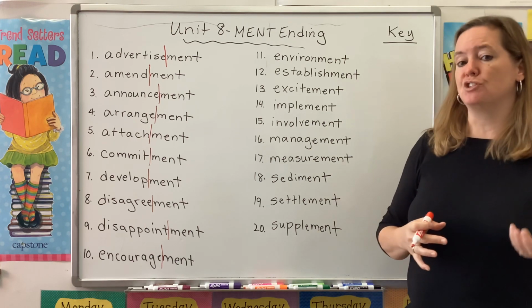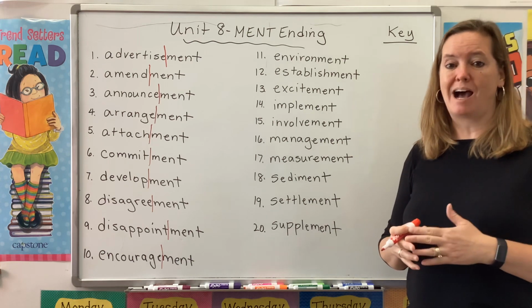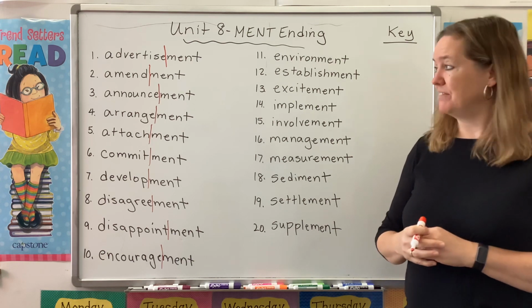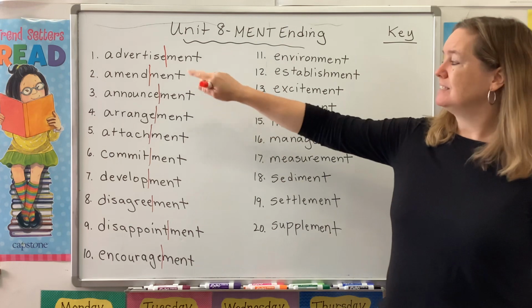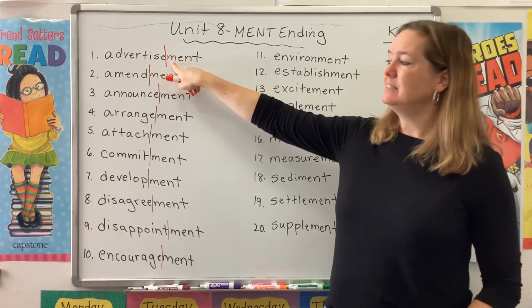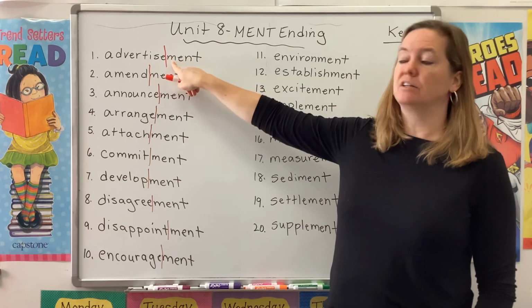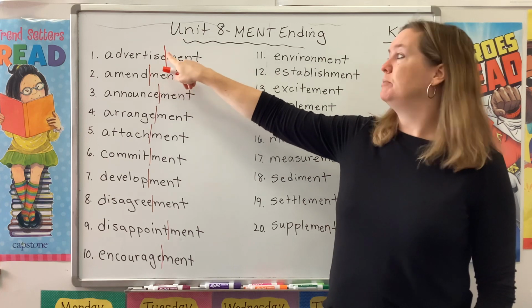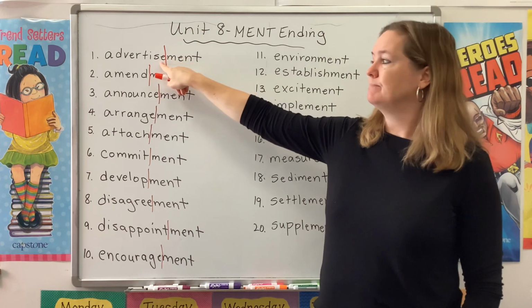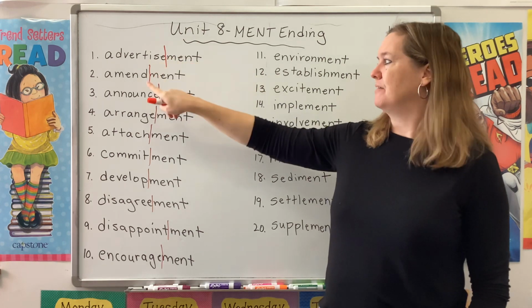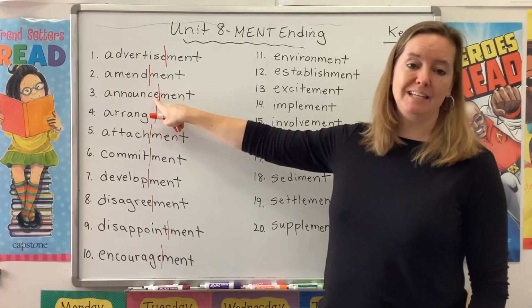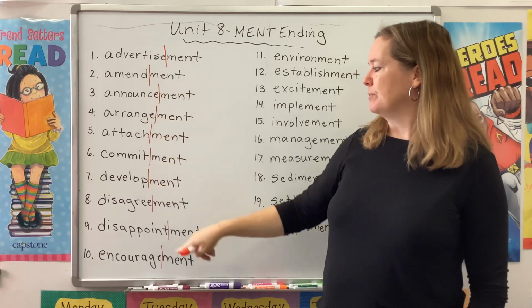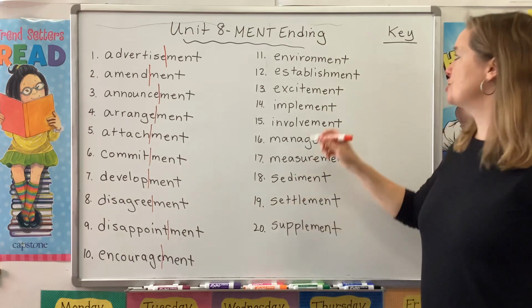Sometimes you have to change your y to i. There are all kinds of suffix rules. Well, notice none of that applies when your suffix starts with a consonant. So because this is starting with M, we get to keep the e in advertise. We get to keep the e in announce. Okay? Nothing is changing here.